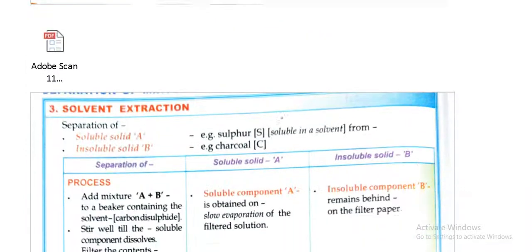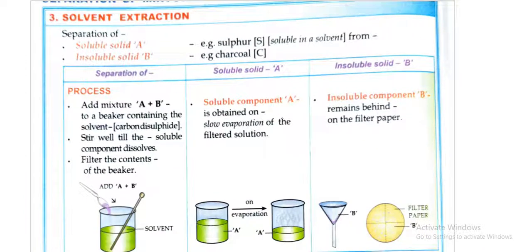Next, let us see what is solvent extraction. In solvent extraction, we will give the names A and B. A is a soluble solid, and B is an insoluble solid.